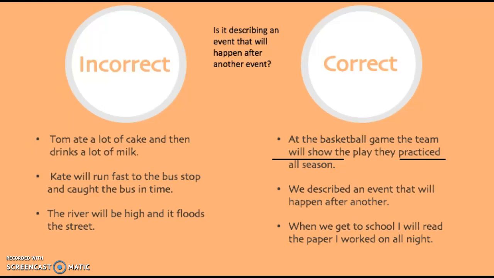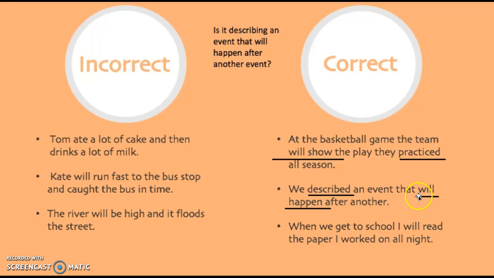Alright, let's look at the second sentence. We described an event that will happen after another. So yes, I wanted to pull a trick on you guys, and this is actually the question formed into a sentence. So let's see here. We described, so this is something that has already occurred, an event that will happen.